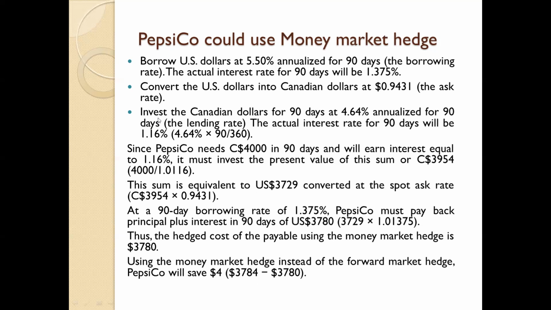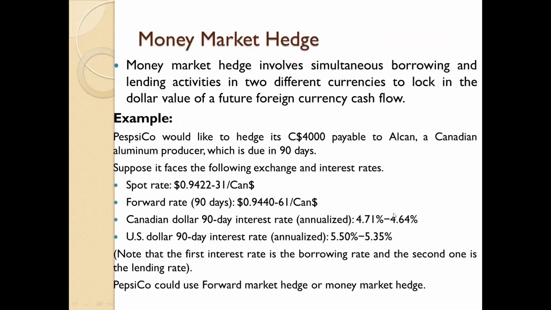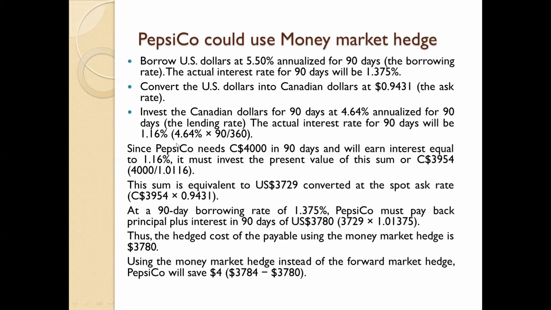Then simultaneously, he can invest that Canadian dollar amount for a 3 month investment plan at the lending rate of 4.64% for Canadian dollars. For 3 months, that is 1.16%.